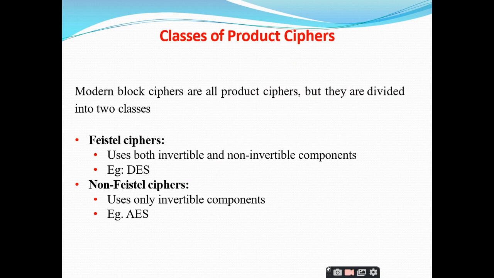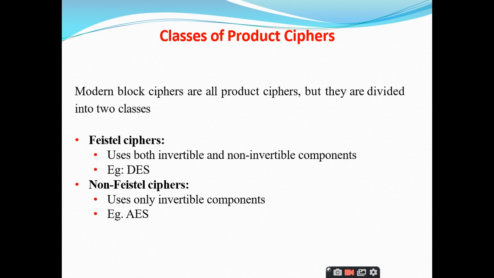A simple difference between the Feistel cipher and the non-Feistel cipher is that the Feistel cipher makes use of both invertible and non-invertible components. A very good example of this Feistel cipher is DES, right? We will see what the DES is in the next session.